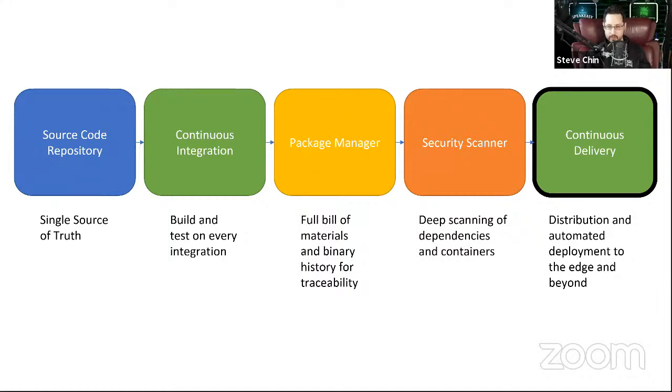Now let's go to the fourth topic, which is continuous delivery. This is all about how you deliver software faster, how you can get it to end users quicker, and how you can push it to the edge.